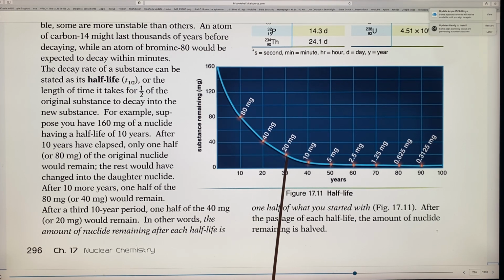The next 10 years, it's going to half to 20, and the next 10 years, half to 10, then 5. Each time you halve the amount from 10 years before. Just know how to do that, because you'll probably have a test question on it, I'm telling you. So on to talking about half-lives.